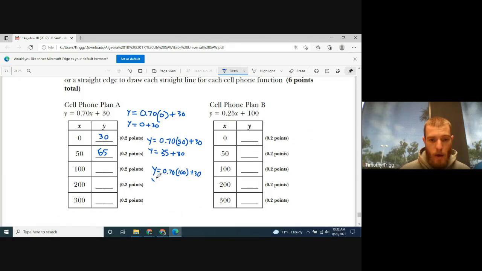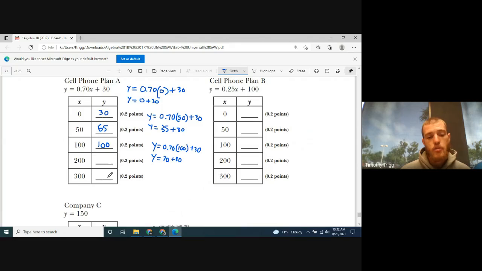So Y equals 0.7 times 100 is 70, so this would be 70 plus 30, which is 100. Okay, so 100 comma 100 for this point. See if you do these last 2 points on your own, again replacing X with these values here.